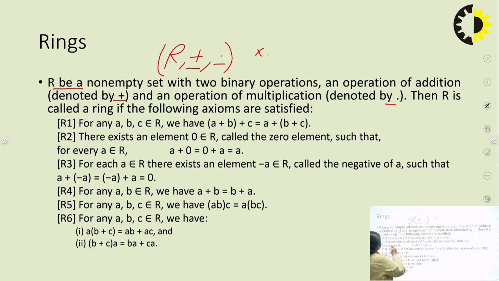The first property is associativity with respect to addition. The additive operation should be associative in nature for this particular set. My set is R. Let me take three elements A, B, C from R. Then associativity is true, that is (A plus B) plus C should be equal to A plus (B plus C).